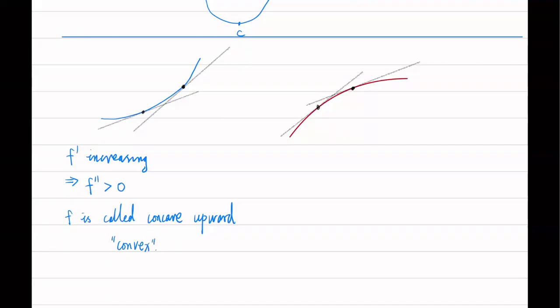This one, what can I say about the derivative? At this point and the derivative here, which one is bigger? The first one is bigger. But for this one, the whole graph lies below the tangent line. So the derivative becomes smaller.